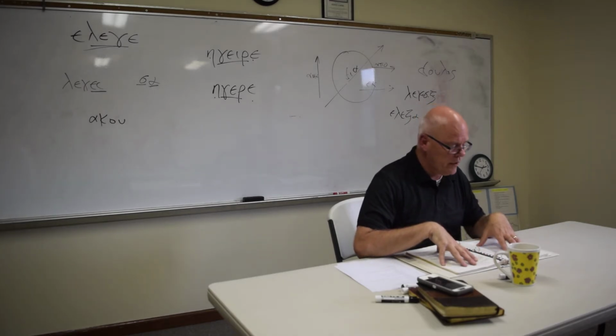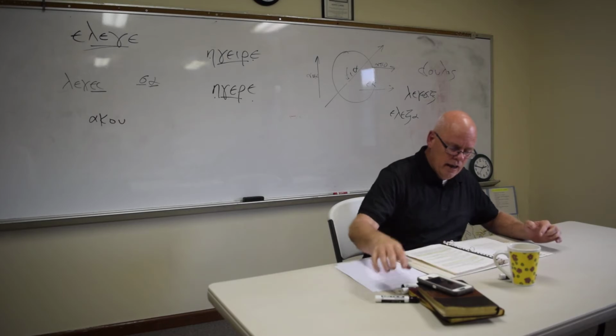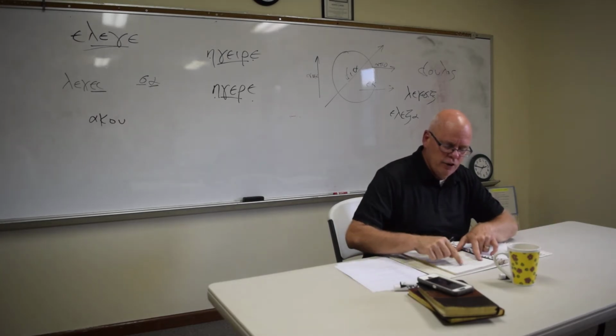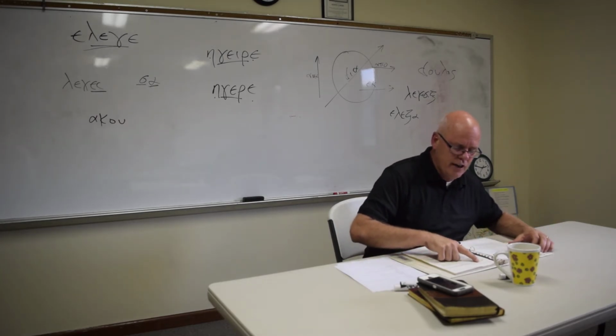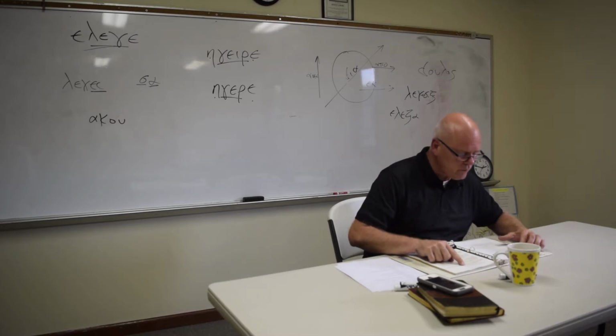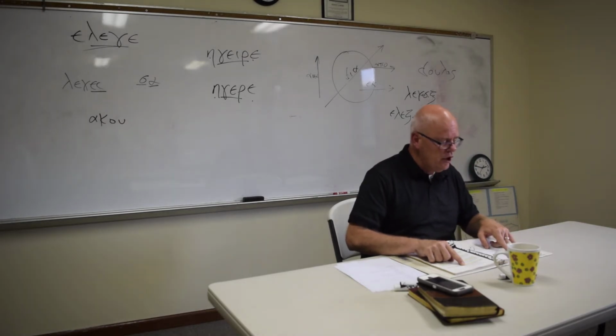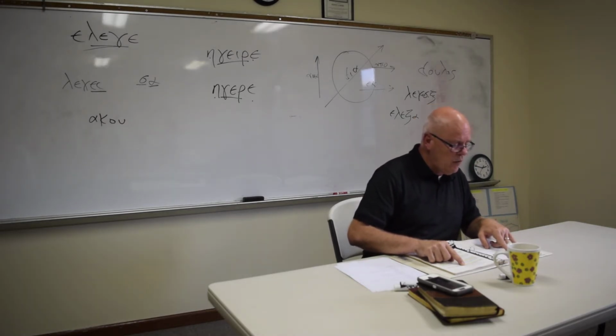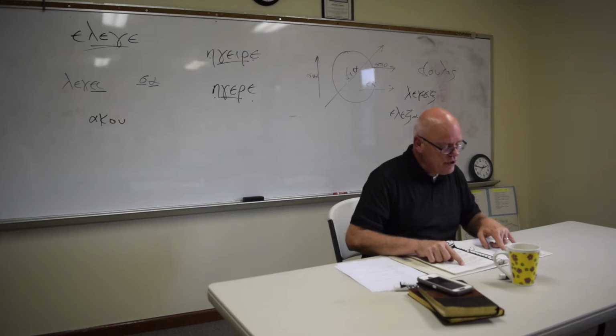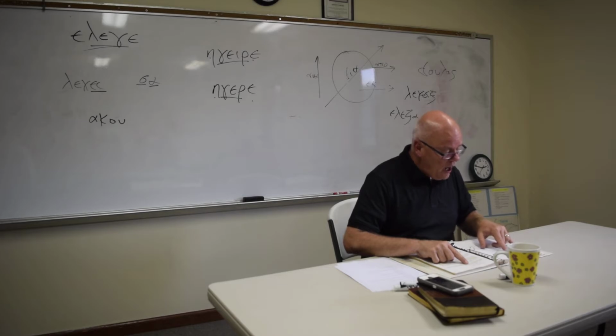Under 1A, first attributive position, that corresponds on page 68 with where it says ho agathos doulos. That's the first attributive position. Then ho doulos ho agathos, that's the second attributive position.